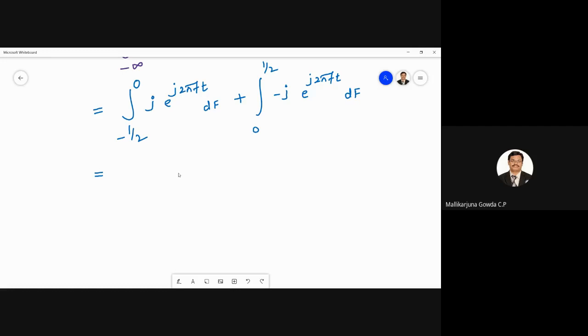E to the power jx by j. As a hint, e power jx into dx will be e power jx by j. So do that, substitute the limits and tell me the final answer.